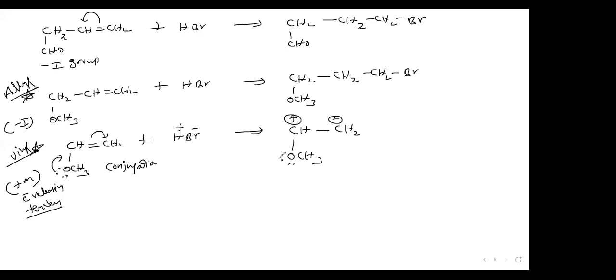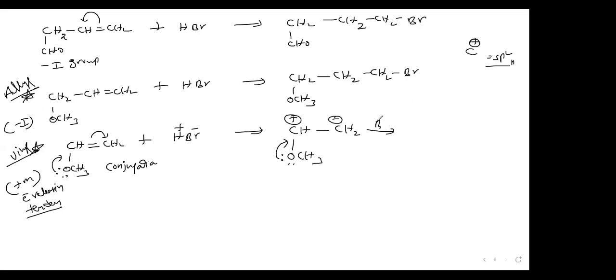What happens is a lone pair can be involved with the vacant carbocation. I said the carbocation is sp2 hybridized, meaning one p is vacant. There are a total of 3 p's. So one p is vacant. To that vacant p orbital, this oxygen lone pair will be involved in resonance and stabilize this carbocation.